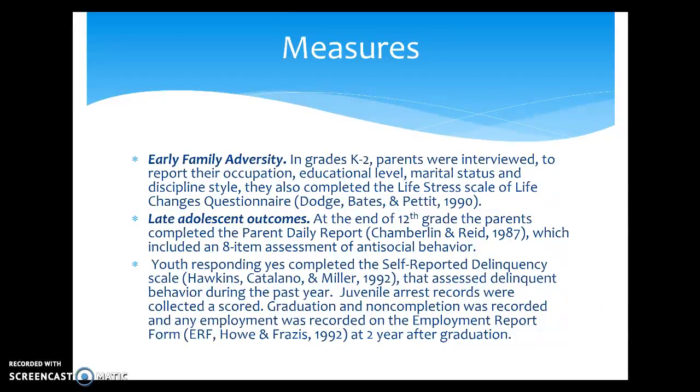Late adolescent outcomes. At the end of 12th grade, the parents completed the Parent Daily Report, which included an 8-item assessment of antisocial behavior. The youth responded yes or no, completing the Self-Reported Delinquency Scale that assessed delinquent behavior during the past year.